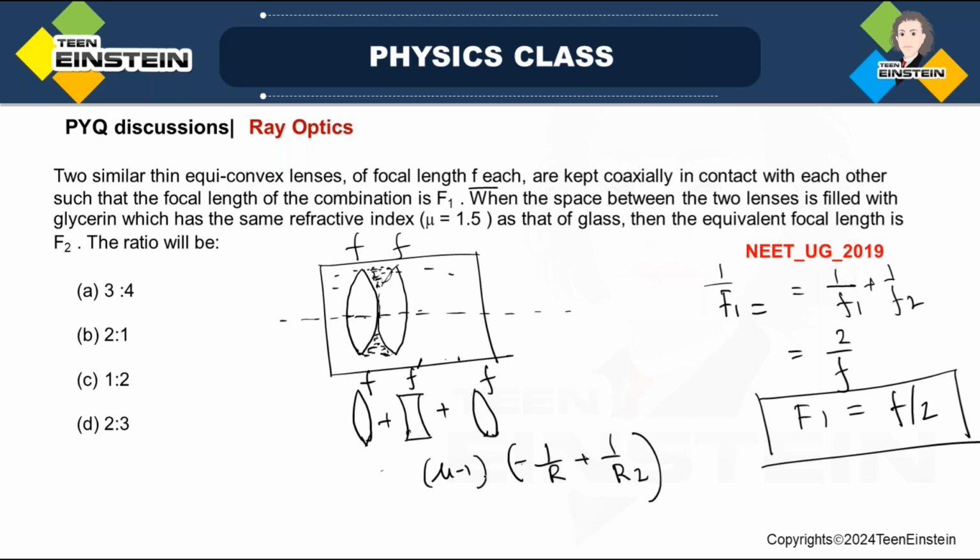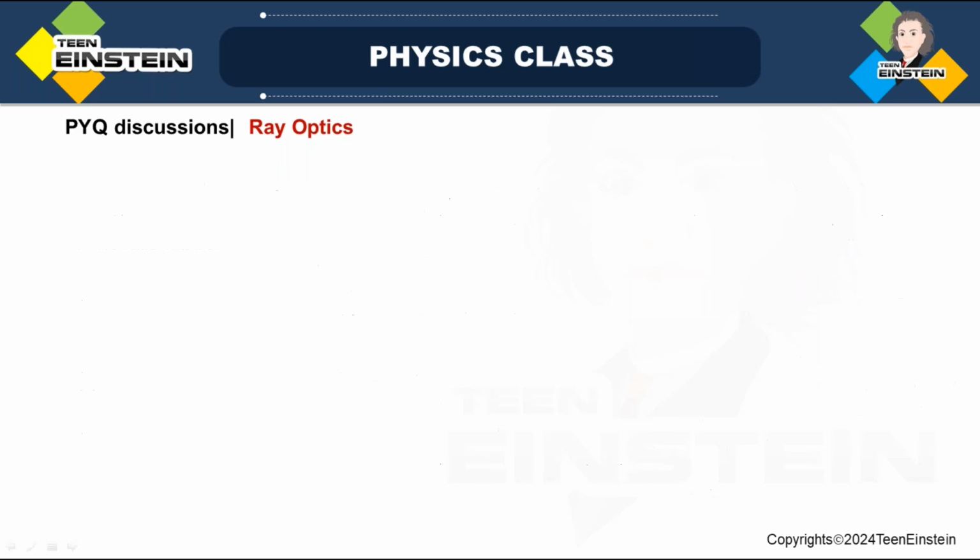I'll just take the minus out from here, so R1 minus R2, right? So this will give you actually minus f, focal length minus f. For this situation, I have one lens convex, concave with minus f, plus again f.